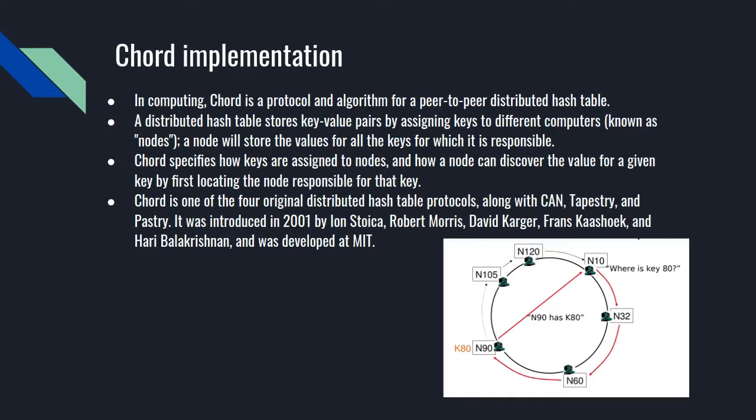Chord is one of the four originally distributed hash table protocols along with CAN, Tapestry and Pastry. It was introduced in 2001 by Ion Stoica, Robert Morris, David Karger, Frans Kaashoek and Hari Balakrishnan and was developed at MIT.